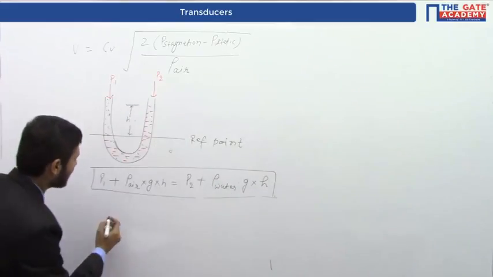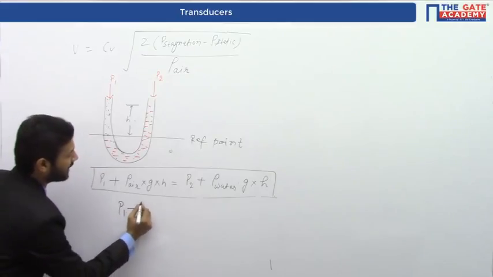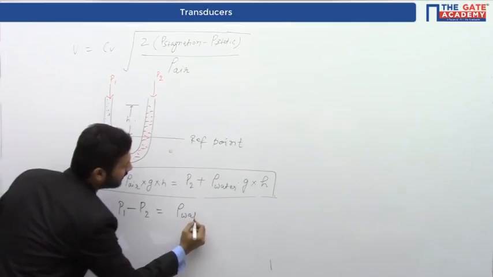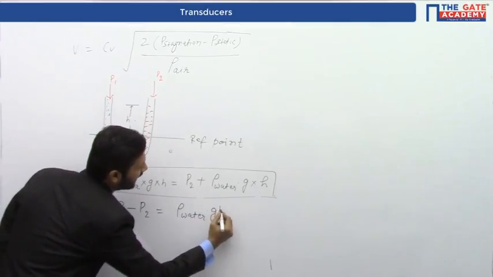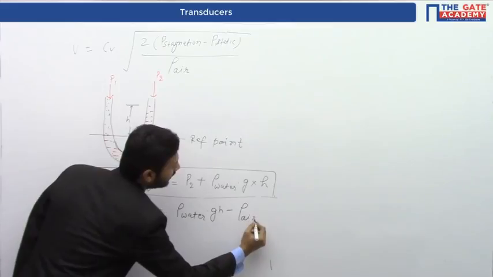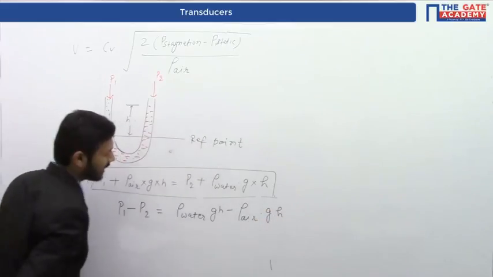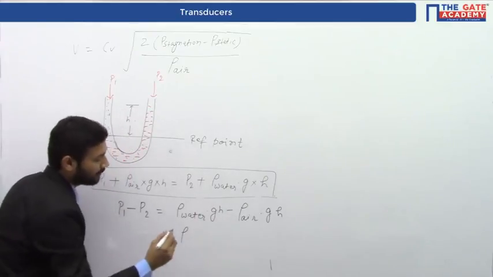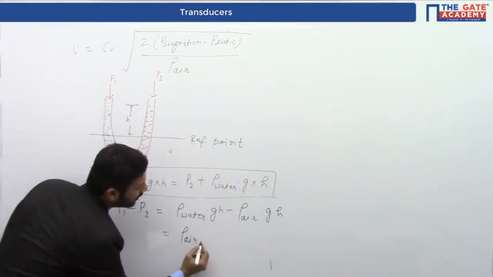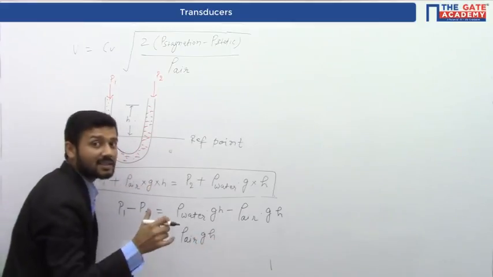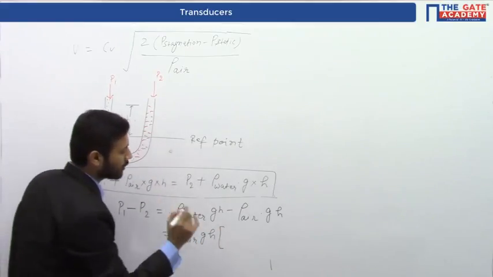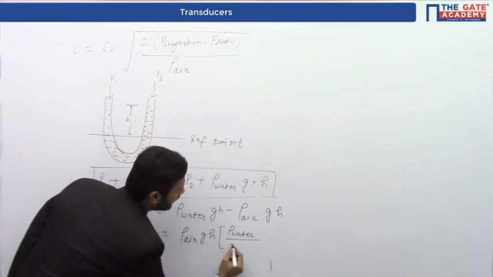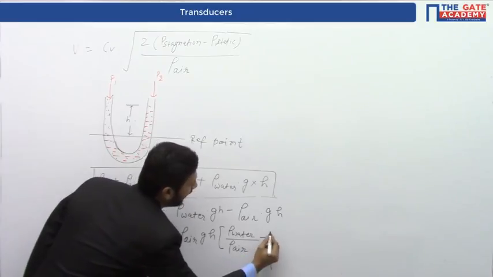Now we can write P1 minus P2 equals rho of water into gH minus rho of air into gH. With some modification, I am taking rho of air into g into H as common. So it equals rho of air g H into (rho of water by rho of air minus 1).